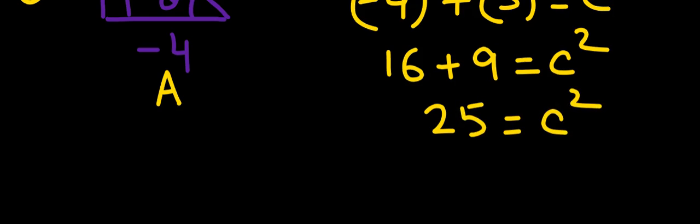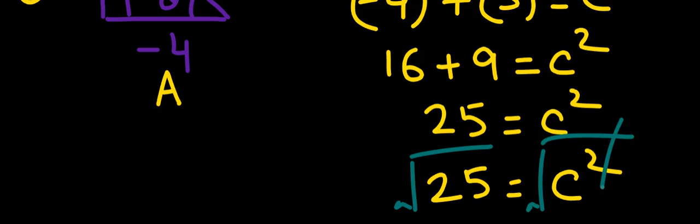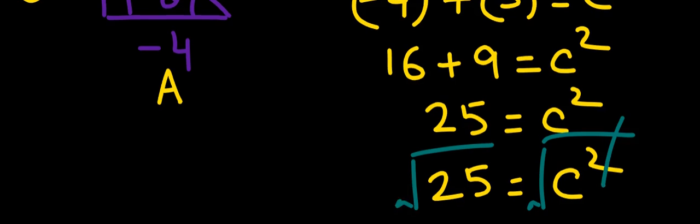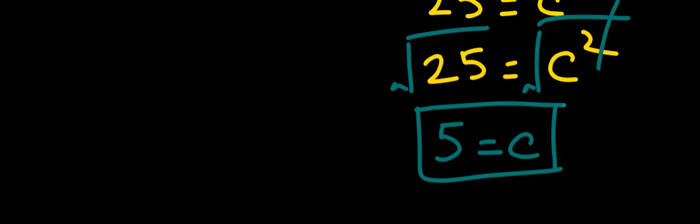I'm going to take the square root of both the sides. The square and the square root get cancelled, and the square root of 25 is 5. So 5 is equal to c, or c is equal to 5.